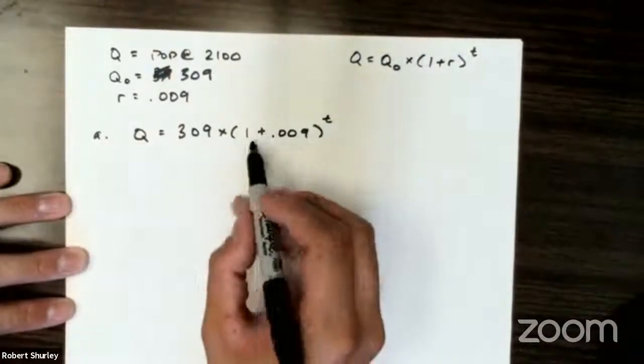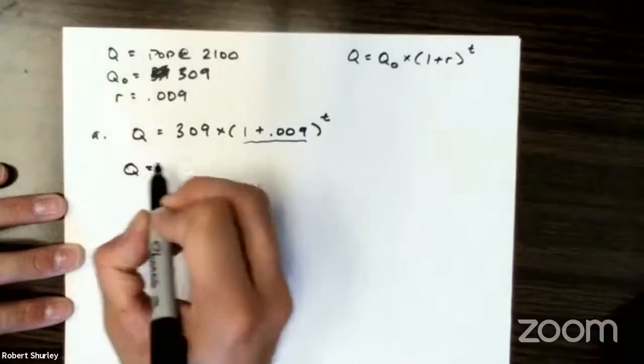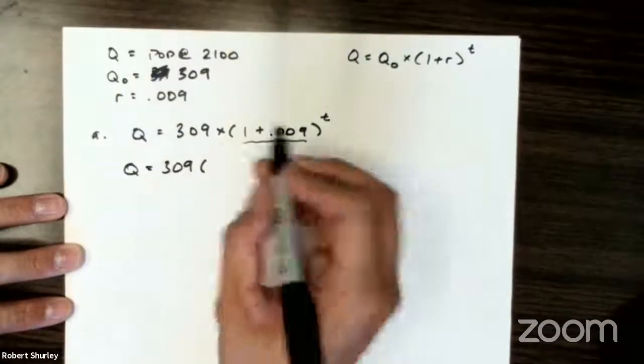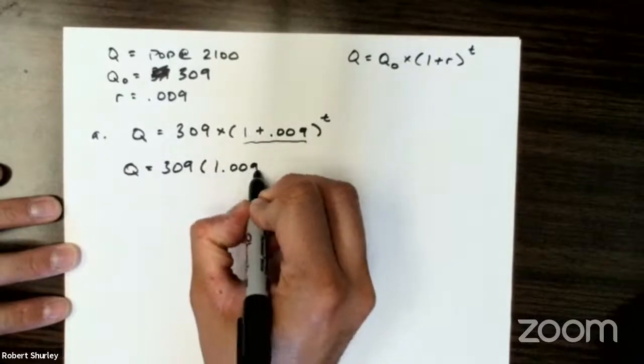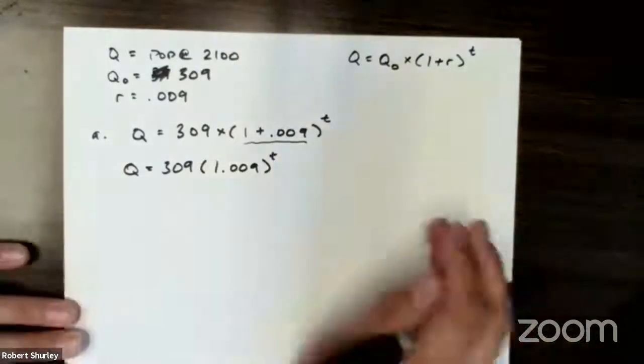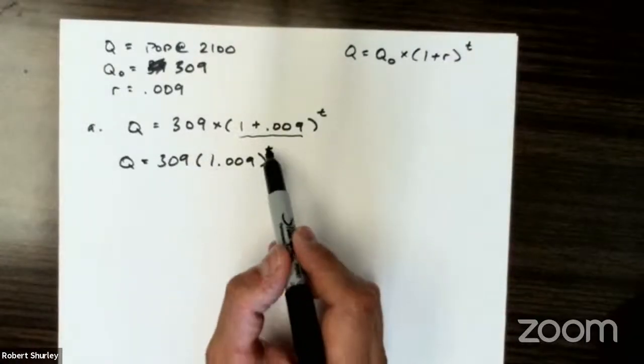Now I'm going to clean it up a little bit. We know how to add 1 plus 0.009. So I'm going to write this as Q equals 309, you don't have to write the times because it's a parentheses, 1.009 raised to the T power. 309 times 1.009 to the T power.